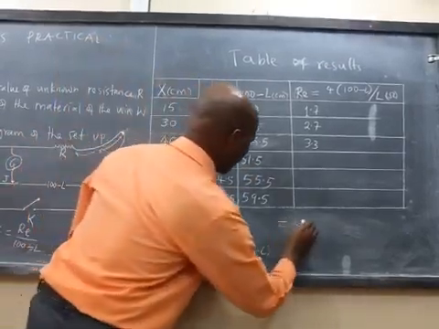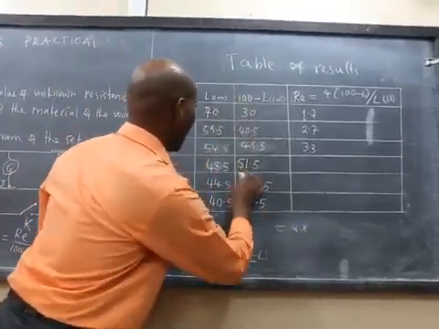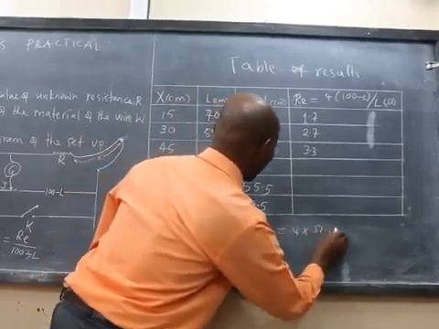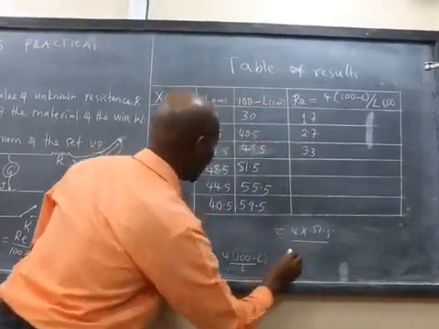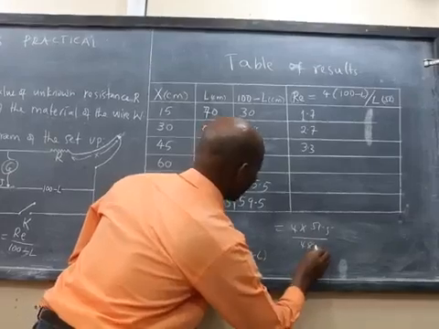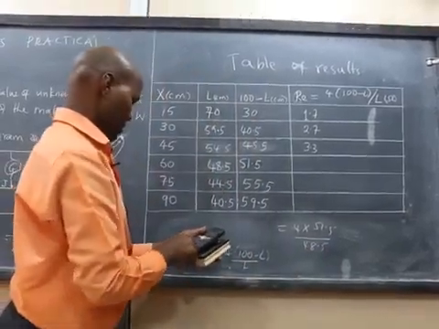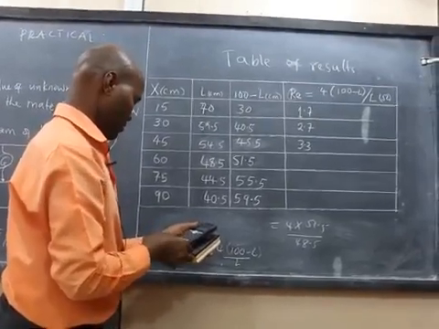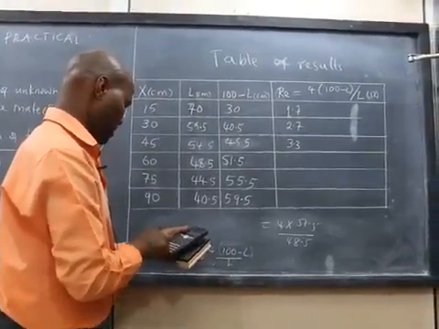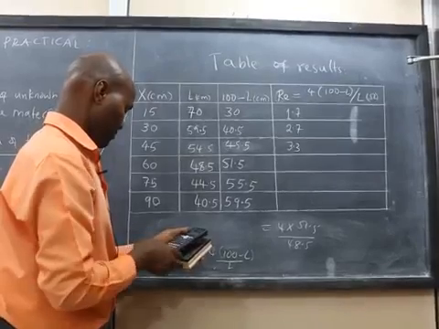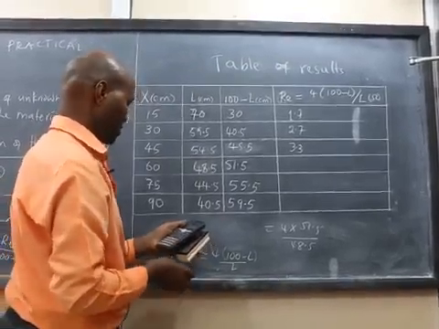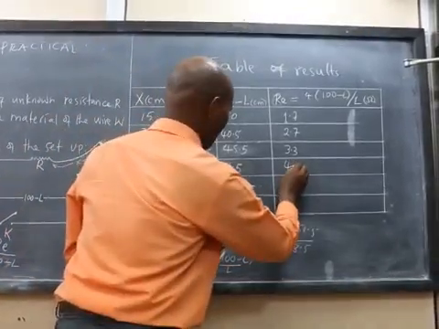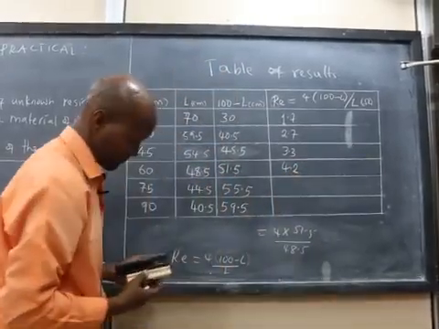So it's 4 times 51.5 divided by 48.5, you get 4.2. Okay.